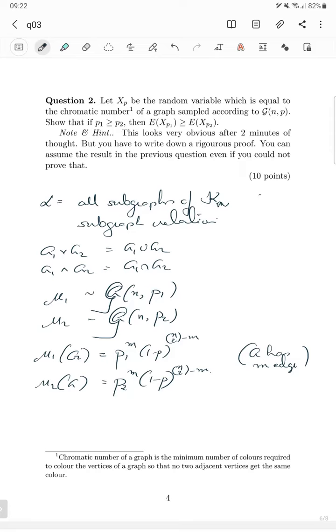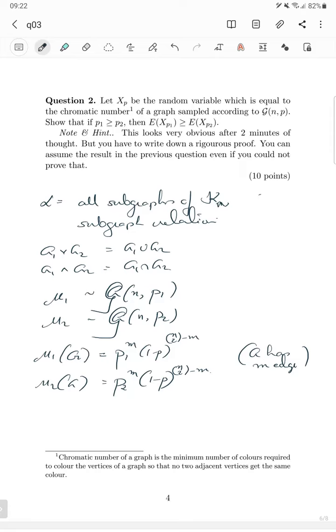Even though this distribution is not uniform, restricted to graphs with the same number of edges, they have the same value. So the bias only looks at the total number of edges in the graph. That is how you should build an intuition about what this G and P1, G and P2 is.